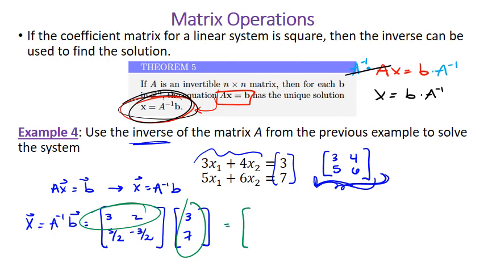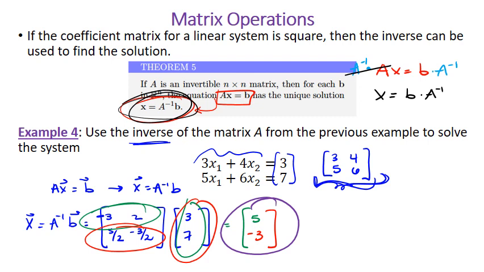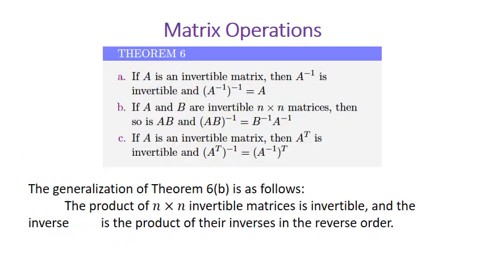That will give me, oops, once again I dropped this negative right here. So when I multiply that, I have negative 9 plus 14, which is 5. And then this times this, this is 15/2 minus 21/2, which is negative 6/2, giving me a negative 3. So this is the answer. Not so bad, right? All right.